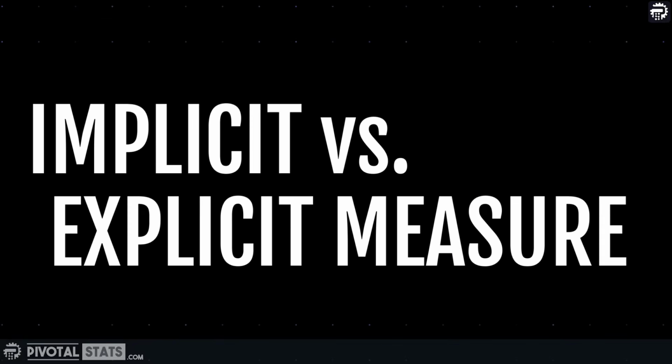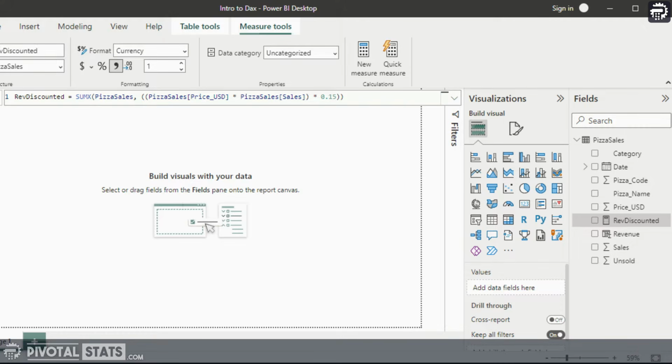Now the final topic for today is implicit measure versus explicit measure. This is just a concept that you should keep in mind. By default, when you drag a column into the report layout, Power BI automatically creates an aggregation measure, which is known as an implicit measure. You might not have realized this, but let's say I create a chart here.